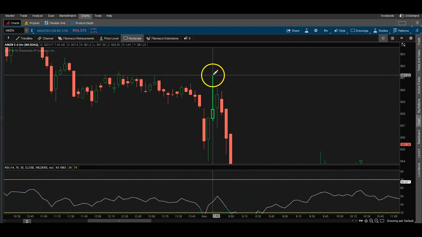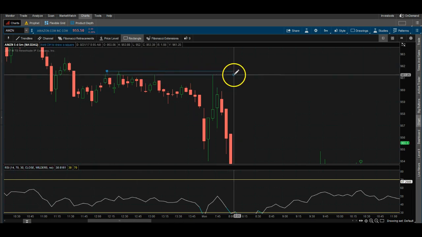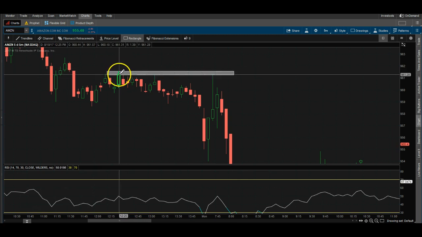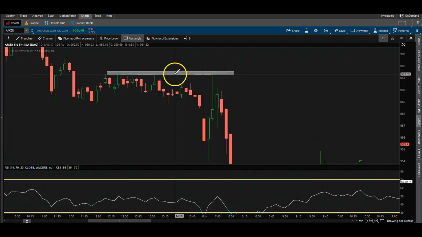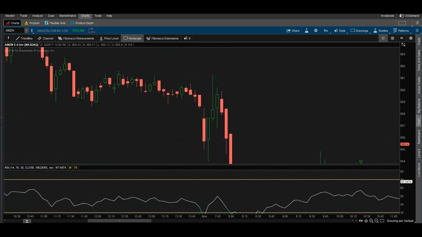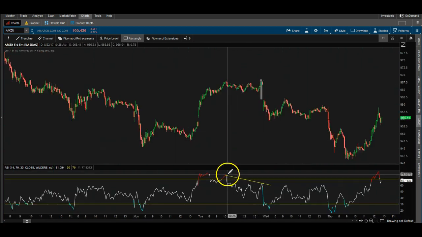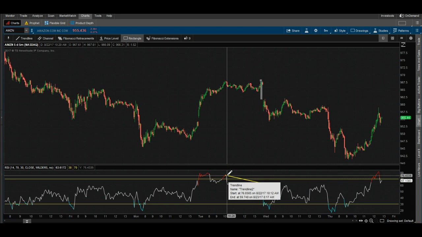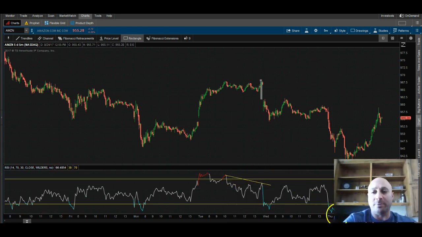Here's a good example of where price sells off, we rally right back up, but it comes just short of this high, right? And then price reverses and falls. Okay, so that's one of the ways to trade double tops, and I hope that helps, especially when you use the RSI with it. It's actually very, very powerful.